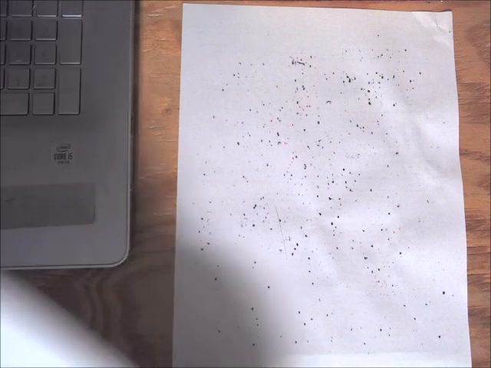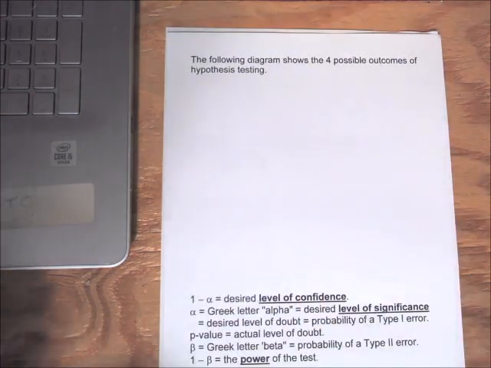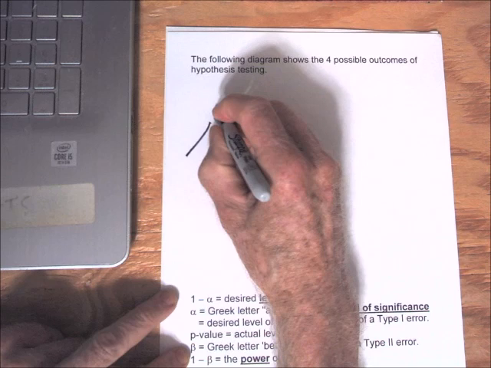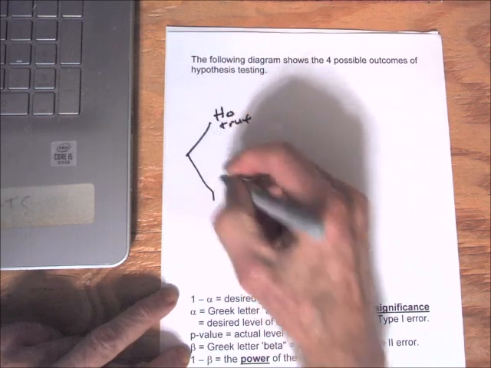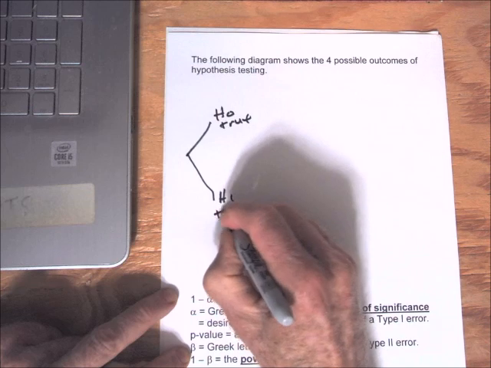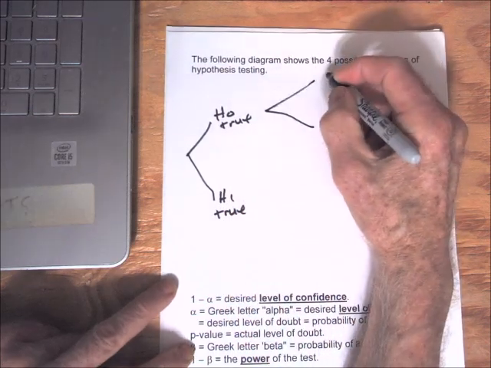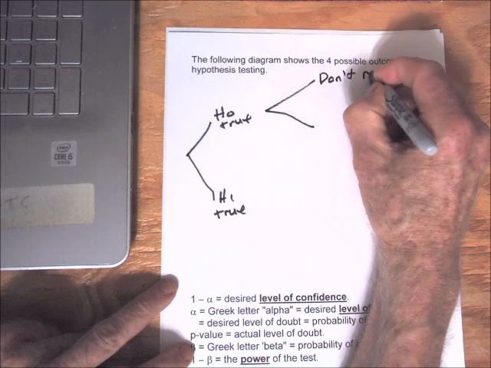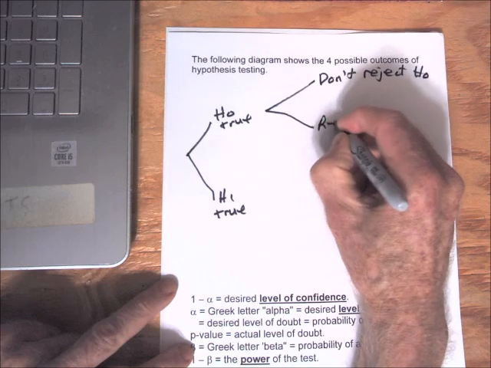Okay, so let's make this diagram. We've made a diagram before showing the possible outcomes of hypothesis testing. So either H naught is true or H1 is true, and either we don't reject H naught, or we reject H naught.